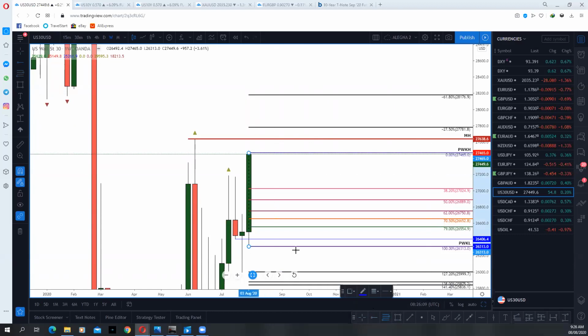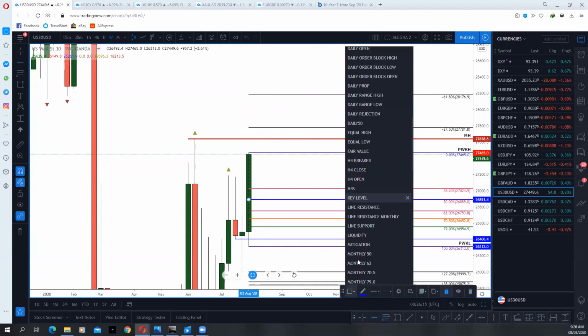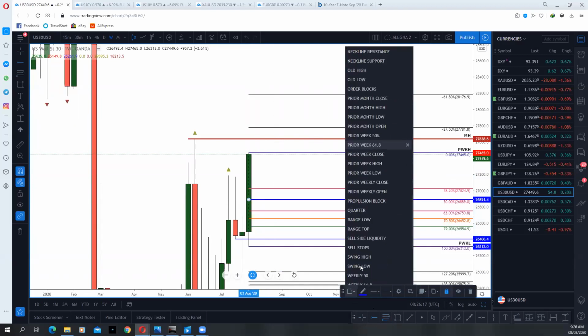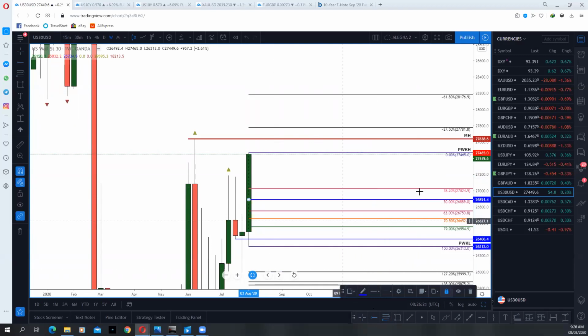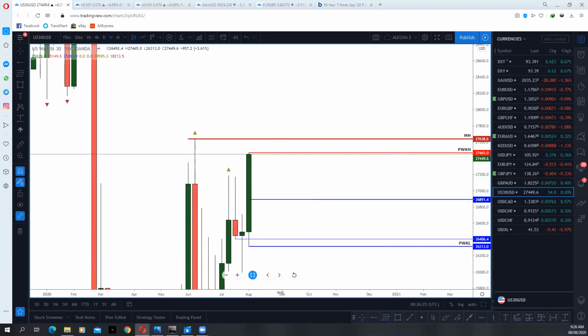Apply your fib. You look for the weekly 50 and you set it up there. If you want, you can remove the fib.